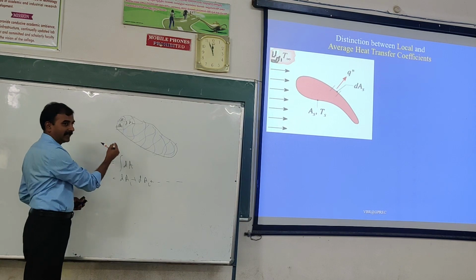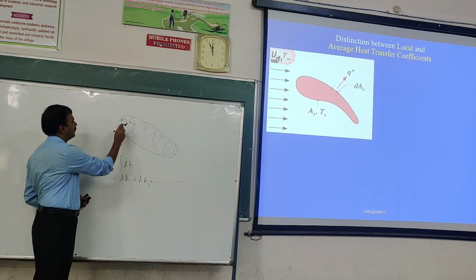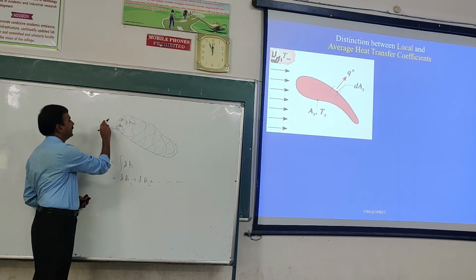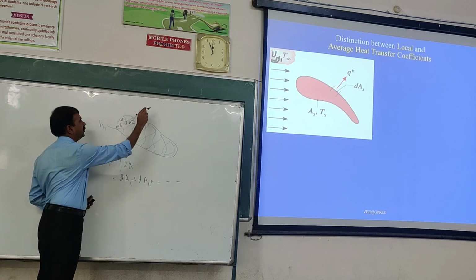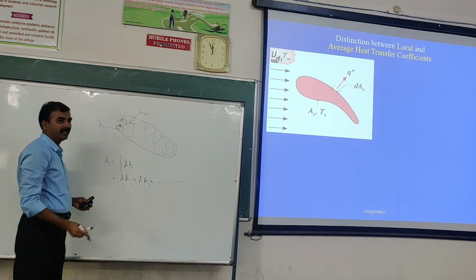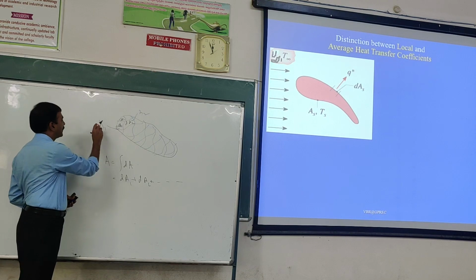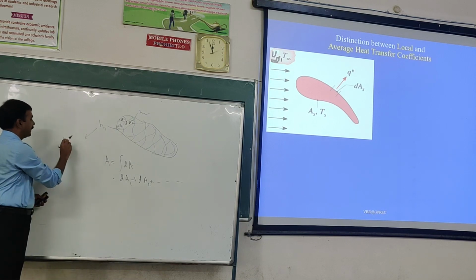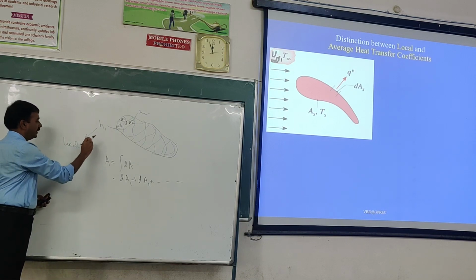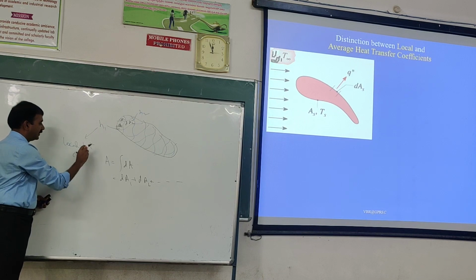So now similarly, we may have the heat transfer coefficient here as h1, here as h2, here as h3 and so on. So these heat transfer coefficients are called local heat transfer coefficients. Right?